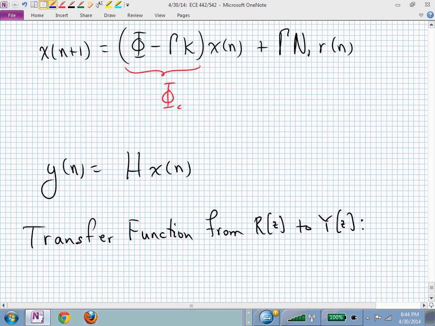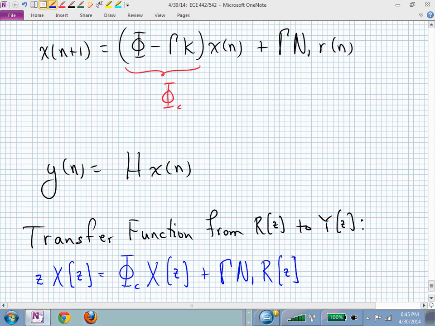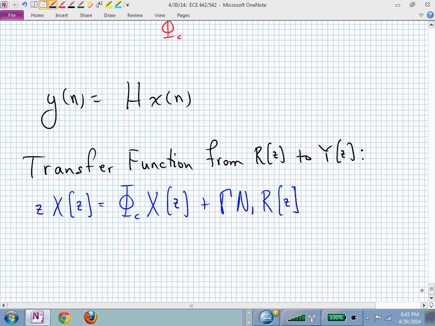If we Z transform that dynamic equation, we have Z times X of Z equaling phi sub C, capital X of Z, plus gamma N1 R of Z. Are we okay with that? Just Z transforming, and I'm replacing phi minus gamma K with phi sub C. What happens when I Z transform the output equation?